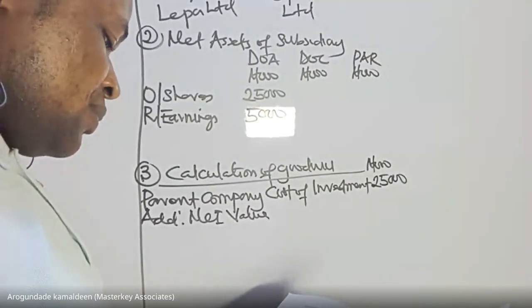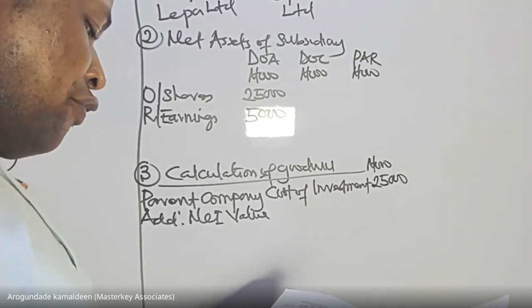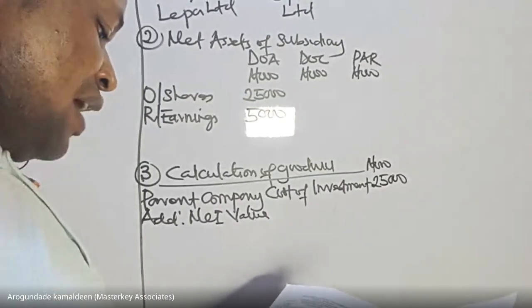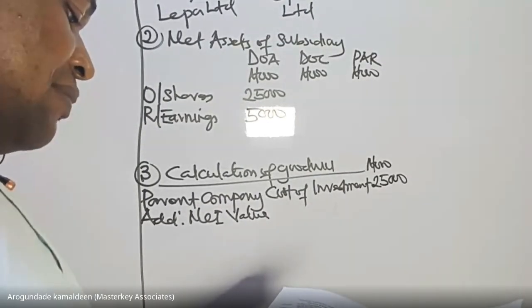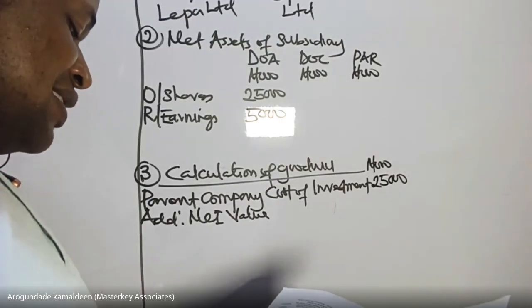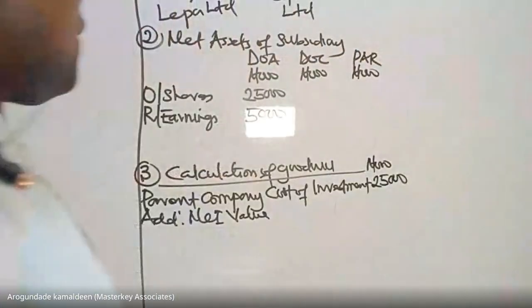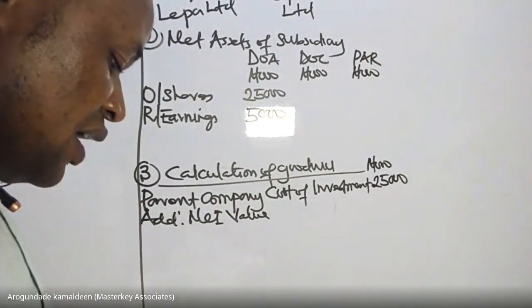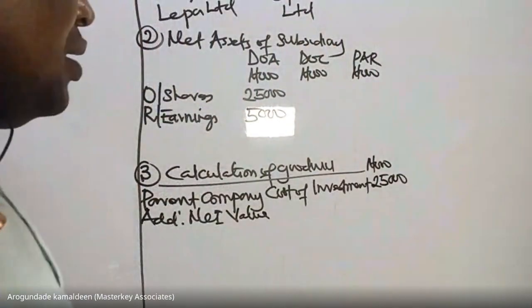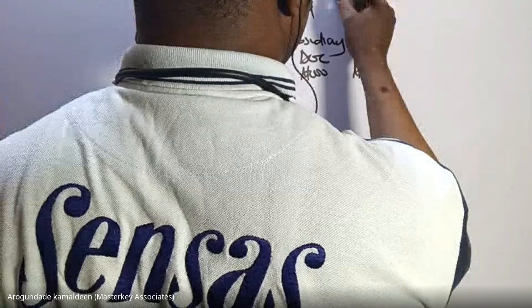NCI is valued at full fair value. LEPA Limited shares are trading at 1 naira 60 kobo. So in this case, the NCI is at fair value. Let's come here. NCI workings.